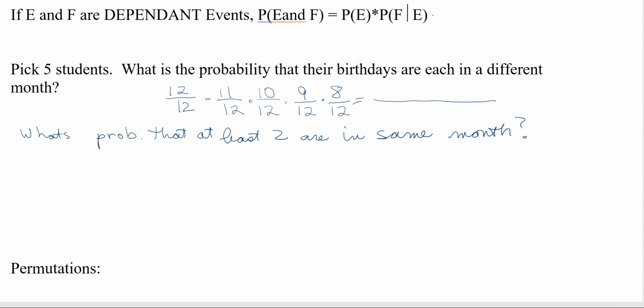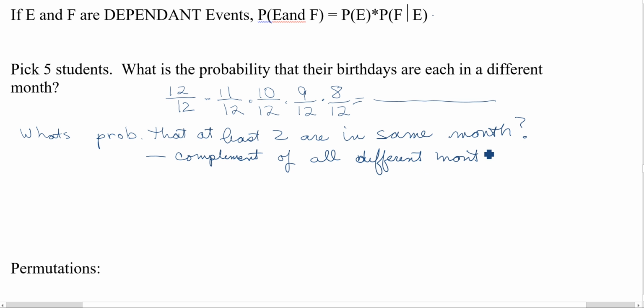There's all sorts of different possibilities. This would be the complement of all different months. And so it would be 1 minus the answer from the preceding question.